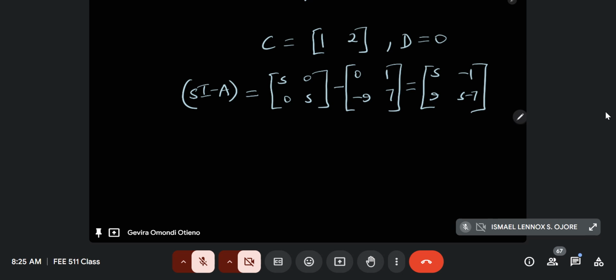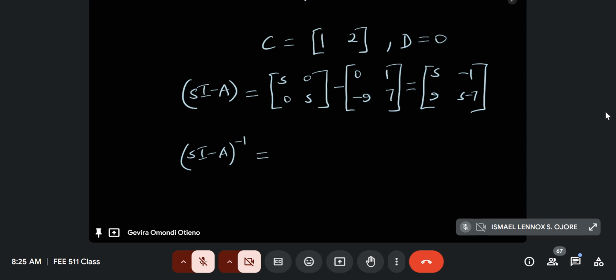And now we want to obtain its inverse. So what is the inverse of this matrix? Here you can use all the skills you've learned before in maths to obtain the inverse of your matrix. I know there are so many formulas and methods available that you can use. As long as you get the right one, I don't have a problem.